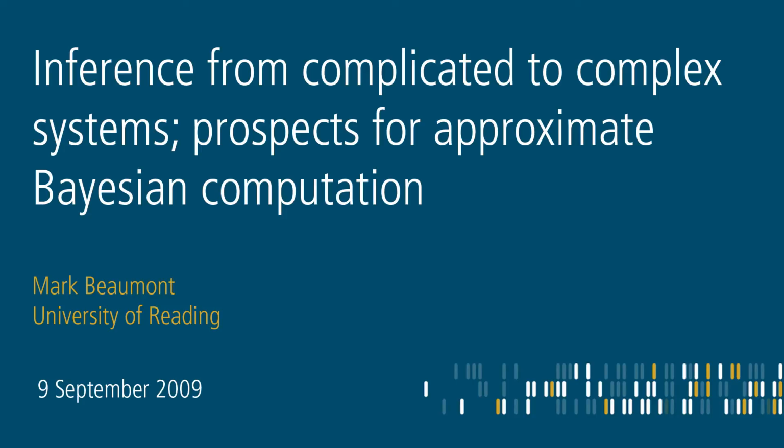Here's an example of the method being applied to a toy problem. We sample theta from the prior, and we have a target problem, which is a mixture of two normals, a low and high variance, and our observation is 0. We have 1,000 particles, and then we successively decrease the tolerance.